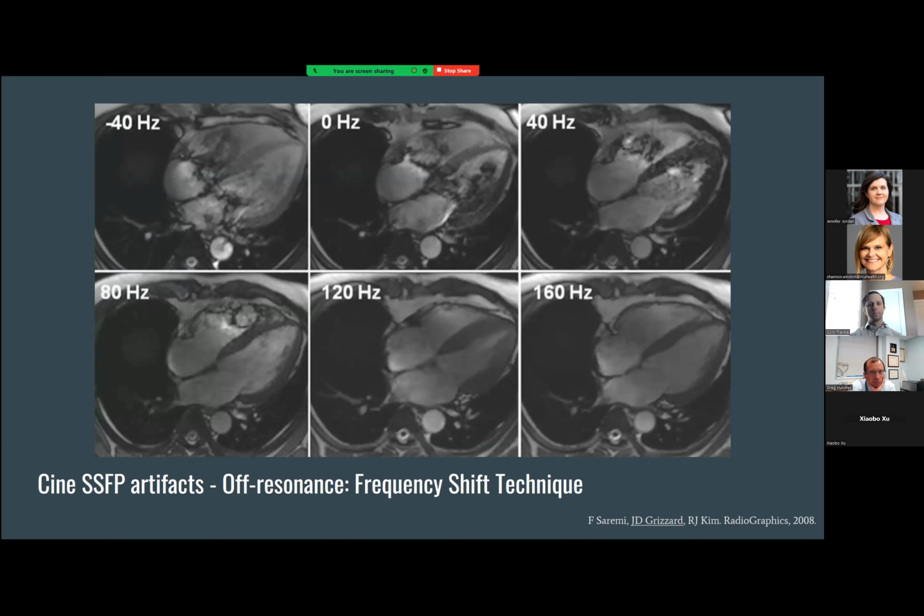And by doing that center frequency adjustment, where 0 is our native image, we can go minus or plus several hertz. And you see, as we increase our frequency, it removes that artifact. And so that's a really helpful trick here.